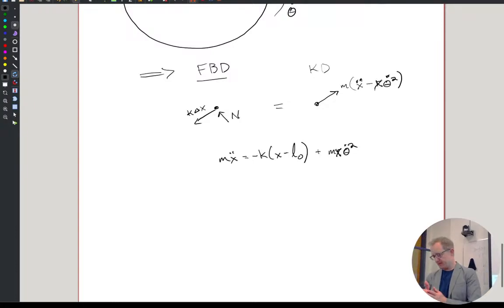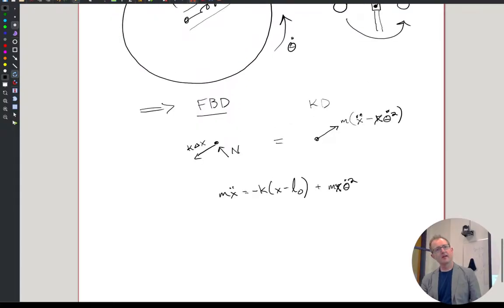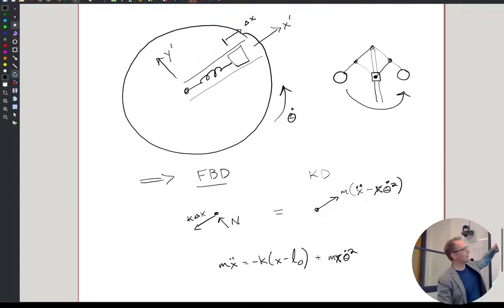Yeah, something like that. Cool, all right. In this case, x is radius. I was just drawing an x prime where the x-axis is spinning.